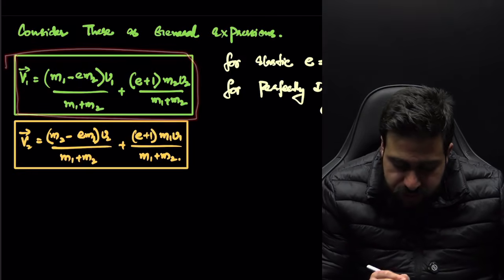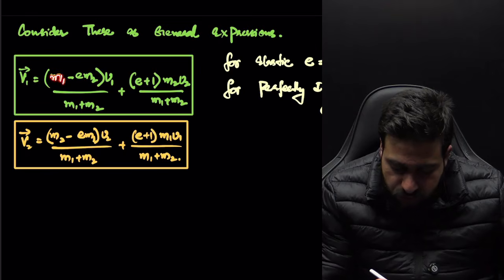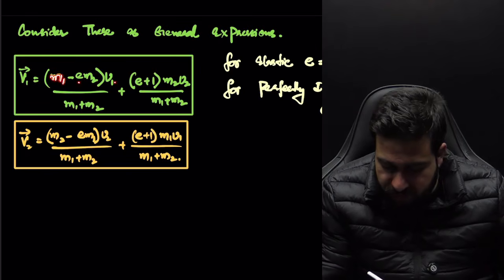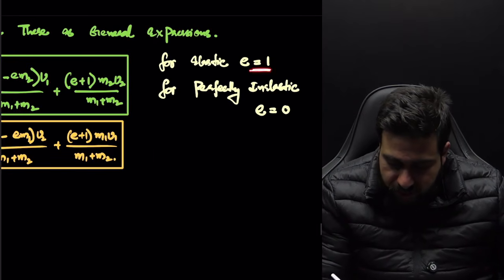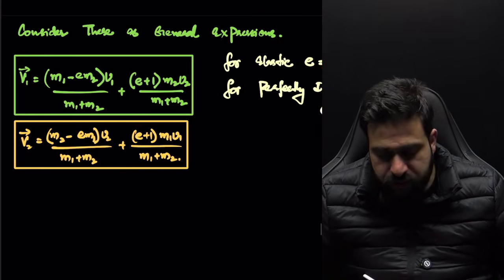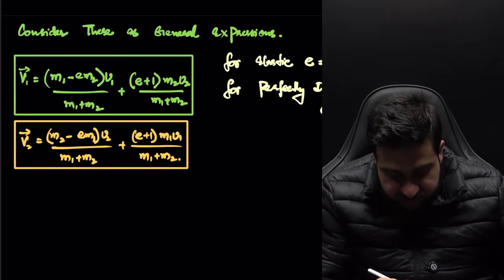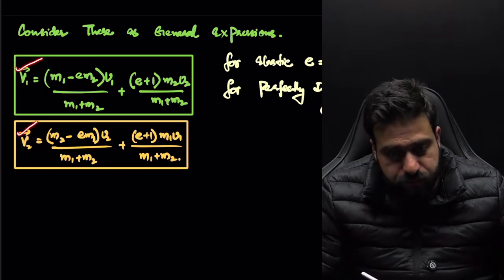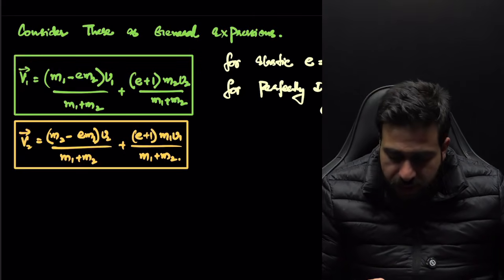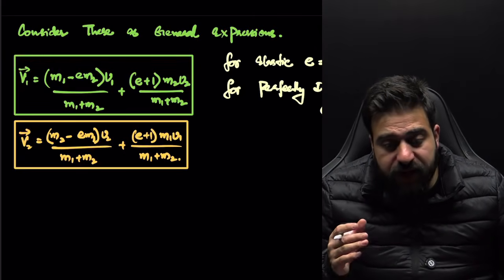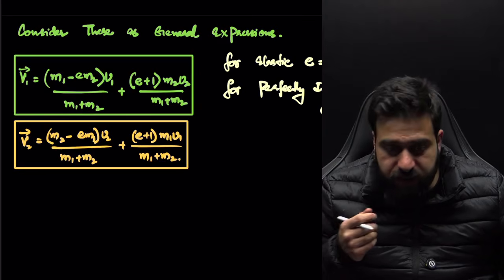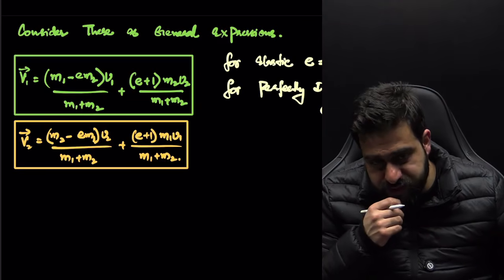So in the expression, you have M1 minus M2, and the value of E you need to put over here as 1. Then, my dear NEET aspirants, you'll get the value of V1 and the value of V2. And for perfectly inelastic, what is the value of E? E will be 0 in that particular case.